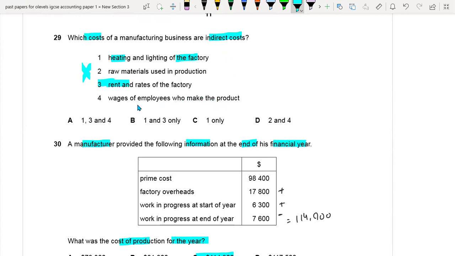But because they are getting wages for making the product, you can trace and divide the wages of the employees on the number of products, and you can find out the per unit product cost. So that's why this is not the right option. So it means first and third. So B is the right option.